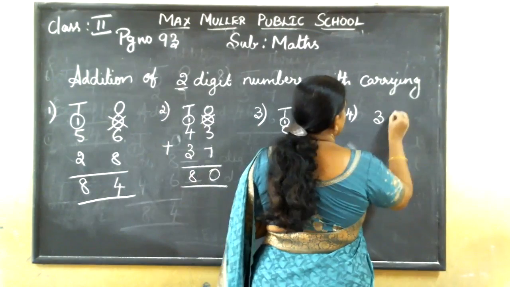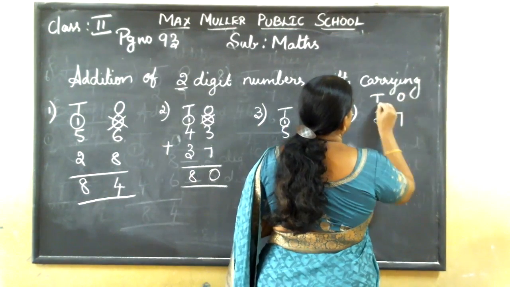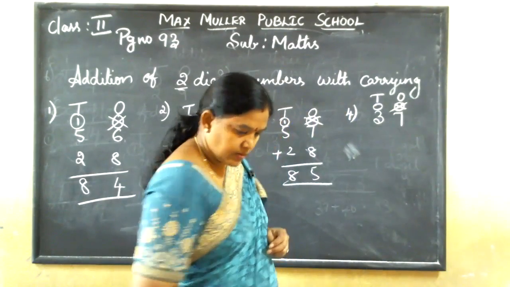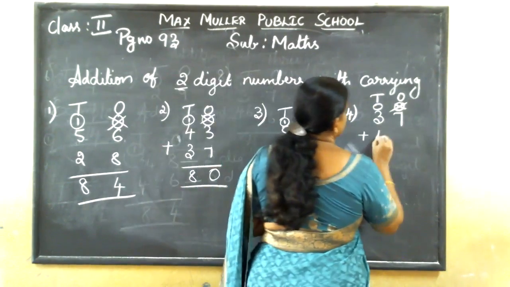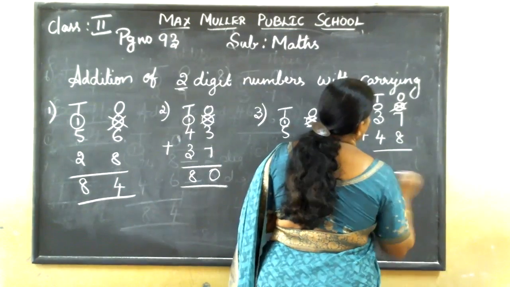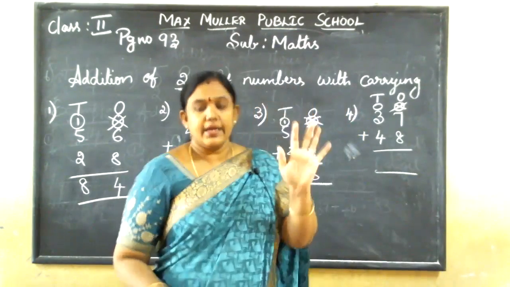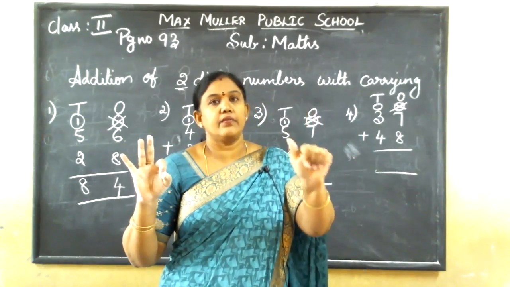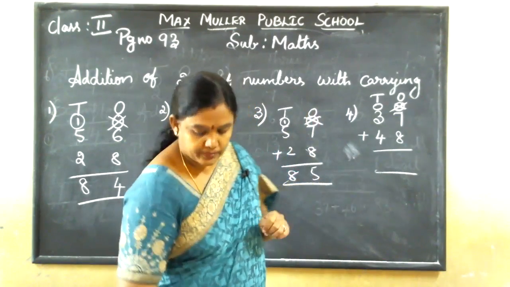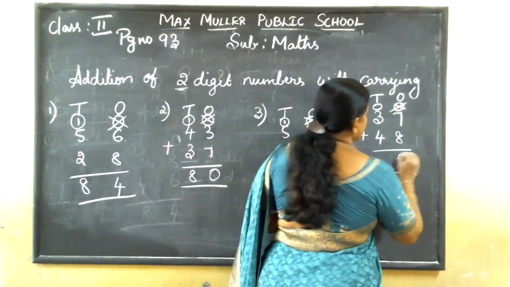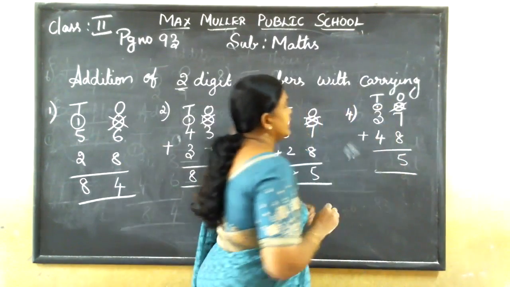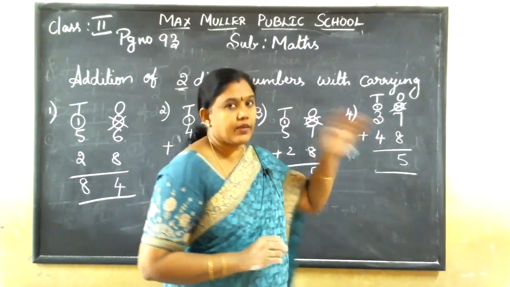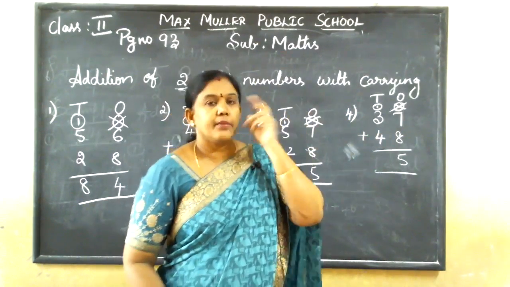37 plus 48. 7 in the mind, 8 on the fingers. After 7: 8, 9, 10, 11, 12, 13, 14, 15. 5 will write here. 1 you will carry to the tens column. 1 plus 3, count, children. 1 in the mind, 3 on the fingers.